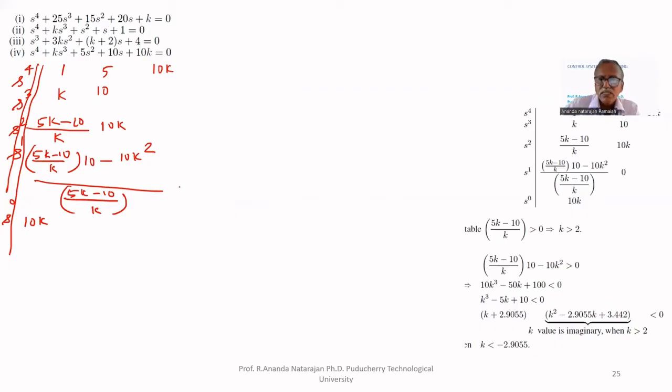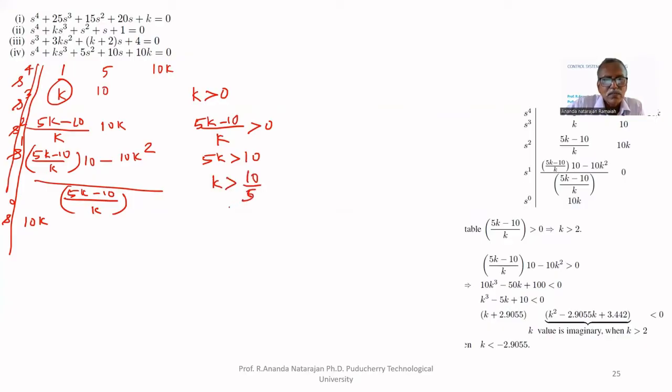So what are the conditions? The first condition is K must be greater than 0. The second condition is that (5K minus 10) upon K must be greater than 0, meaning 5K must be greater than 10, or K must be greater than 10 by 5.